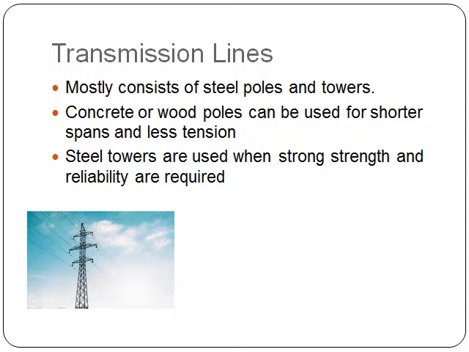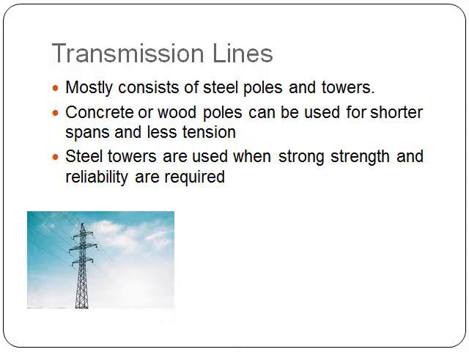If we look at transmission lines, they mostly consist of steel poles and towers, and concrete or wood poles are usually only used for shorter spans or where there is less tension.